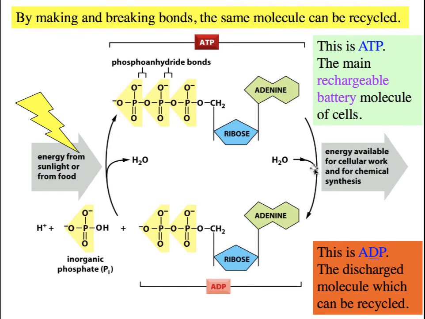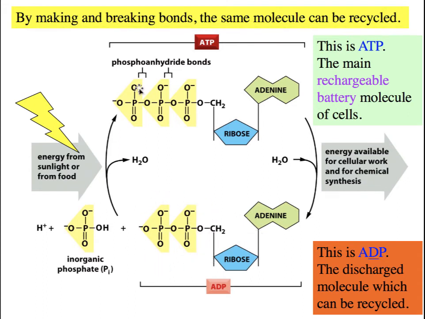ATP molecules are recycled by cells depending on their energy needs. In one form, ATP carries a tremendous amount of energy. In an alternative form, known as ADP, some of that energy has been released and the molecule carries less energy.